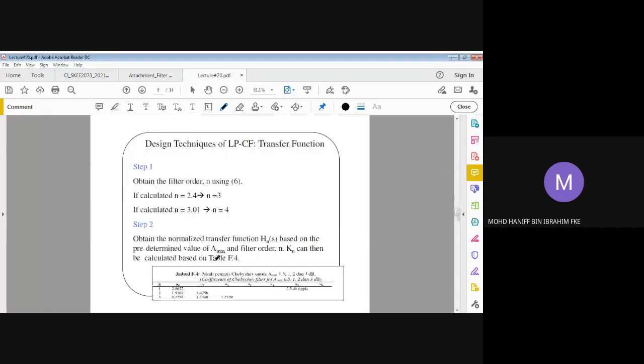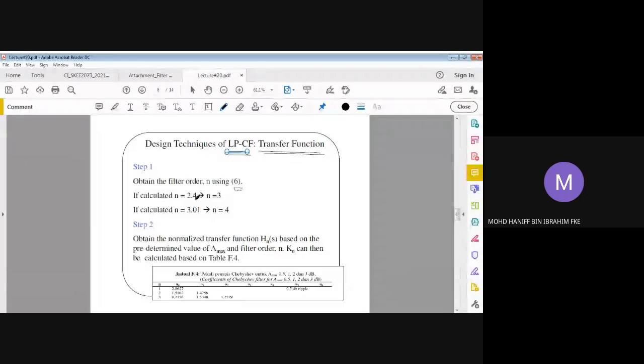Now these are the steps required in the design method of low pass Chebyshev filters, on the transfer function values. Number one, you have to obtain the filter order n using equation 6.